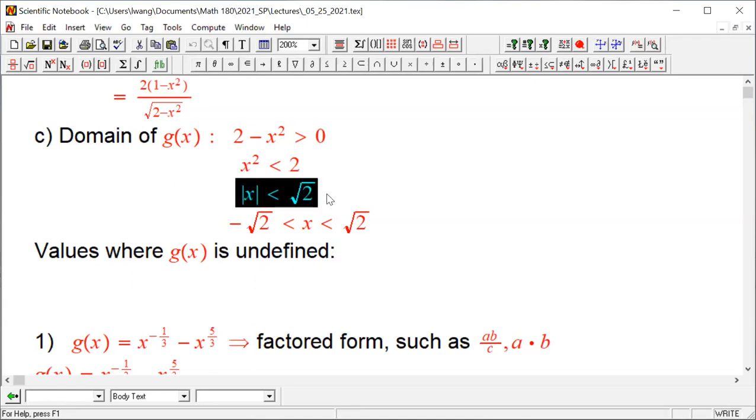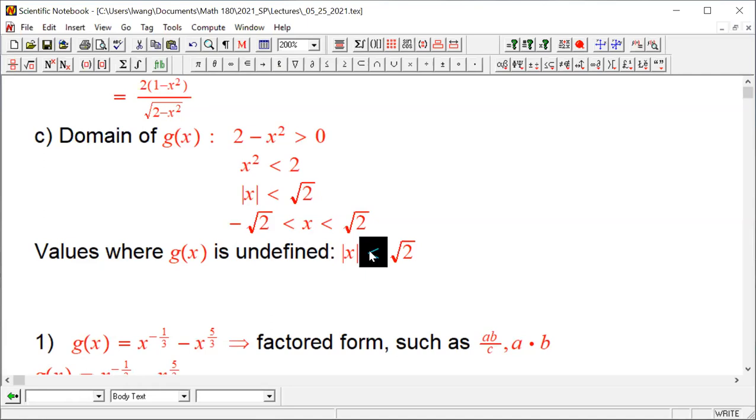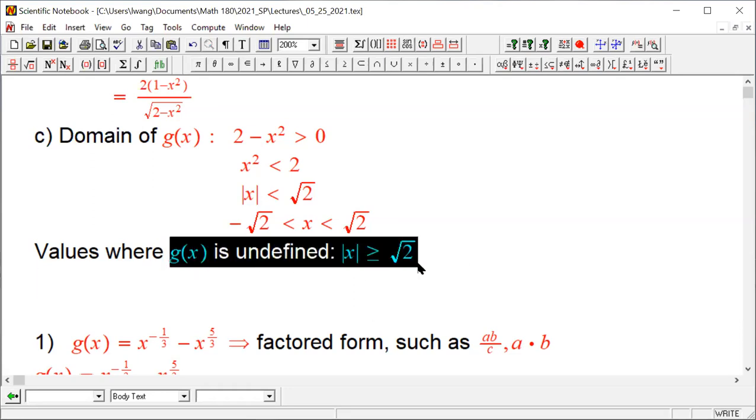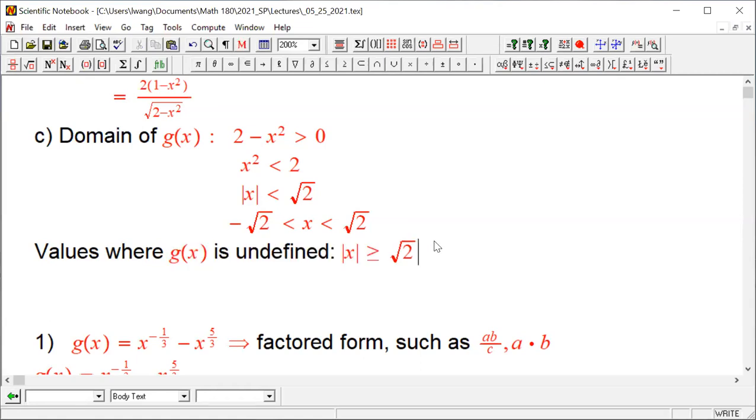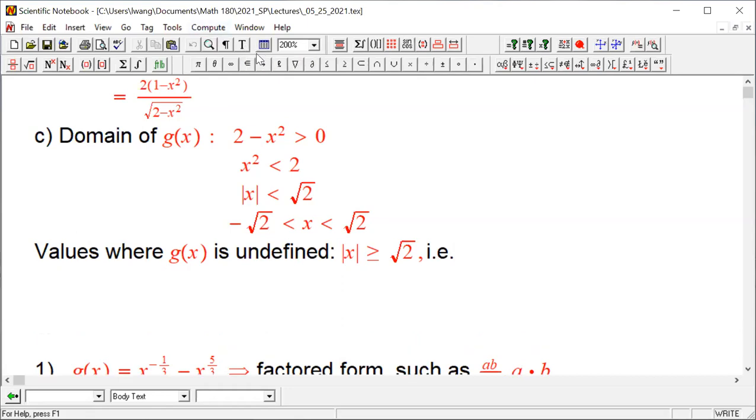Well, it will be the opposite of that. So what's the opposite of less than? Greater than or equal. Values where G is undefined, i.e., x less than or equal to negative root 2.